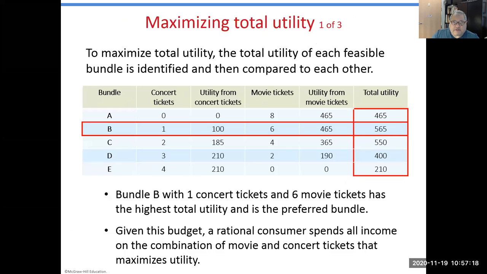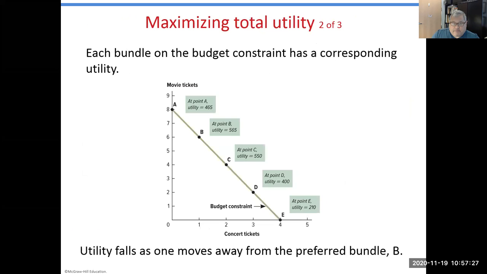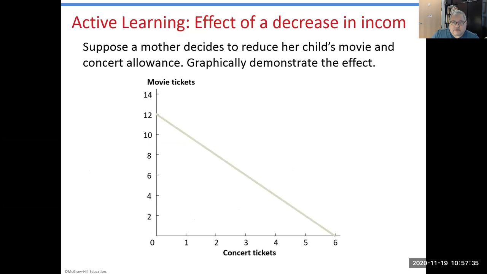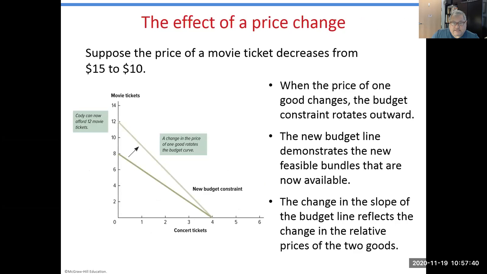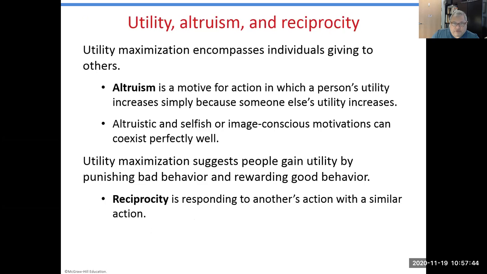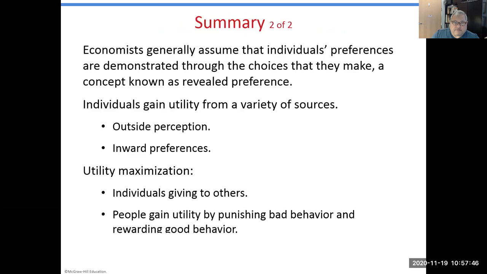And based on the different levels of utility, which bundle of consumption of two goods is A, feasible, and B, maximizes the utility of a person. Furthermore, how does income affect these decisions? How does price affect these decisions? Price of an own good and price of an alternate good.